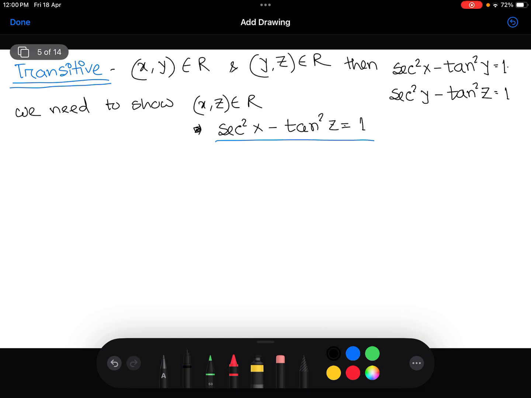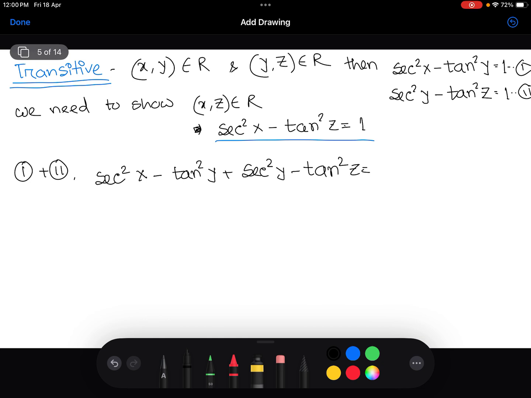Clearly we have these two equations. Let this be 1 and this be 2. Just add 1 plus 2. Then sec square x minus tan square y plus sec square y minus tan square z is equal to 1 plus 1, which is 2. That implies sec square x minus tan square z plus sec square y minus tan square y equals 2.